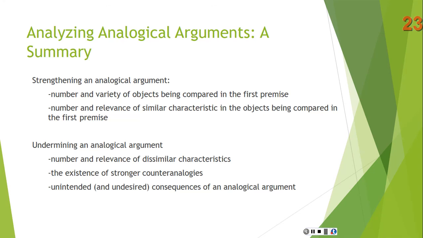As a summary, you can strengthen an analogical argument according to the number and variety of objects being compared in the first premise, or the number and relevance of similar characteristics in the objects being compared in the first premise.